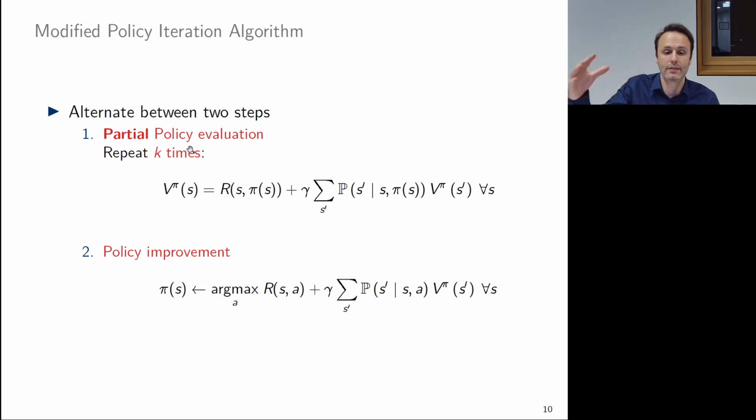So we try k different policies and solve for the value functions of these policies, and then we do policy improvement after the k steps. So we don't necessarily go through all the possible policies, but we just do some of them, then we do policy improvement, and then we go back to the policy evaluation.